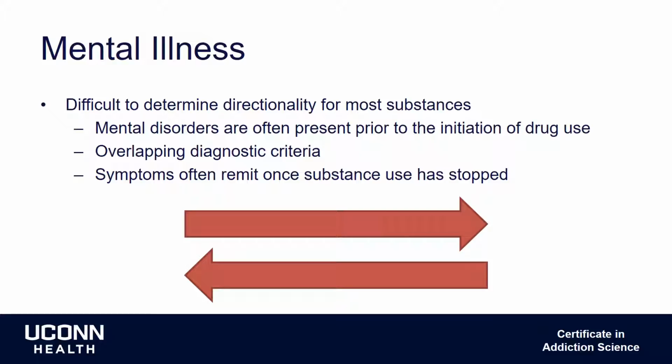And the symptoms of the comorbid mental illness, the depression, the anxiety, the schizophrenia, often go away once the substance use ceases. So while they may not necessarily cause each other, they might, but we don't know which came first.